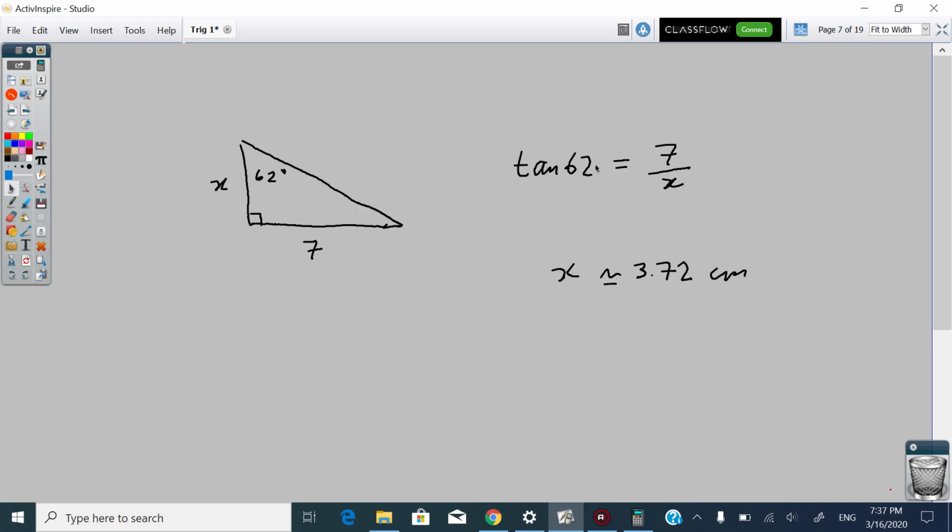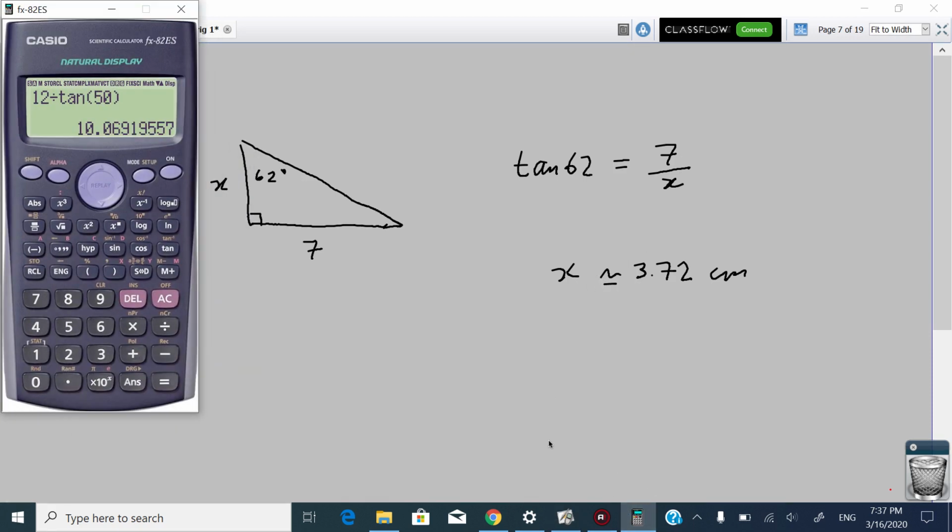So, tan 62 is the opposite, which is 7 divided by x. And if you do the calculation on your calculators, you can verify that 7 divided by tan 62, you do the algebra on your own, and it equals 3.72 centimeters to 3 significant figures.